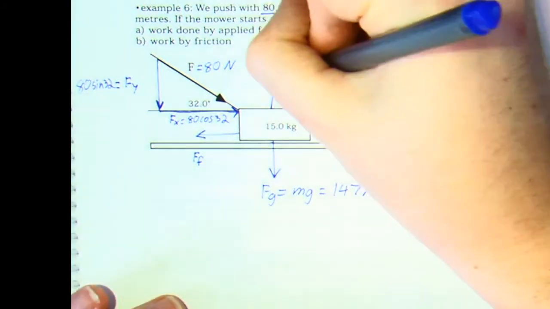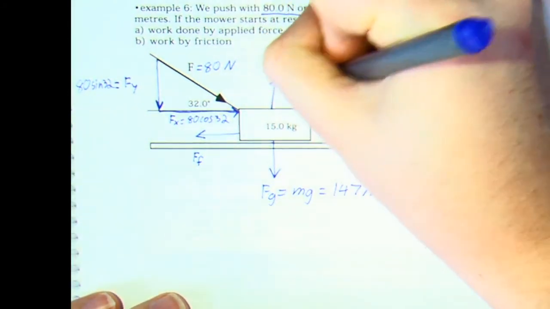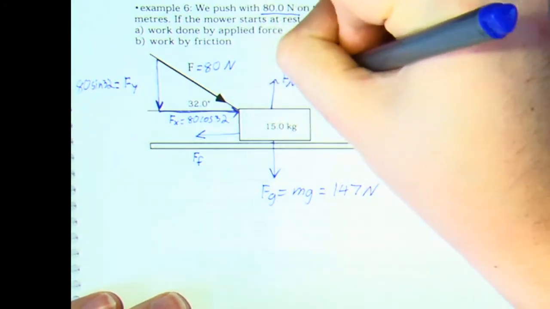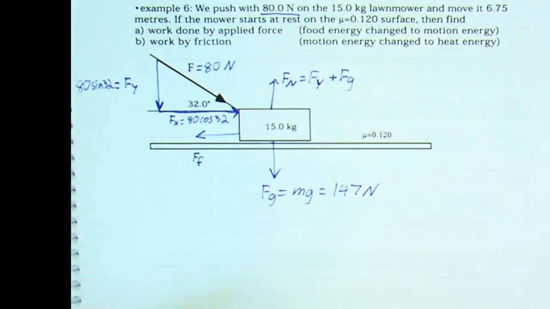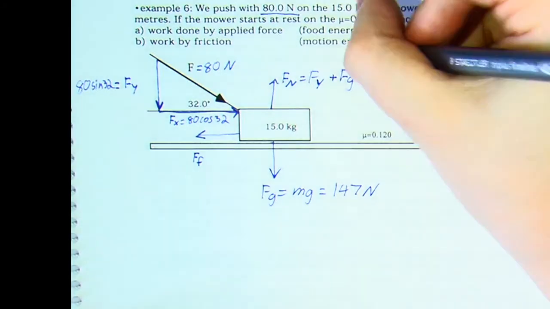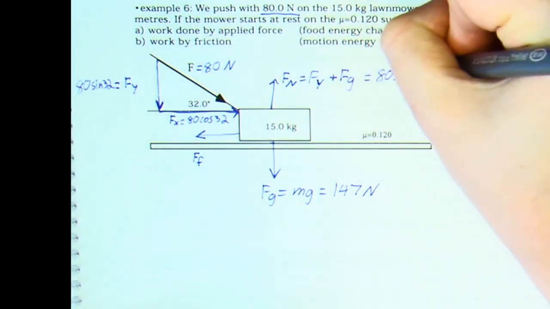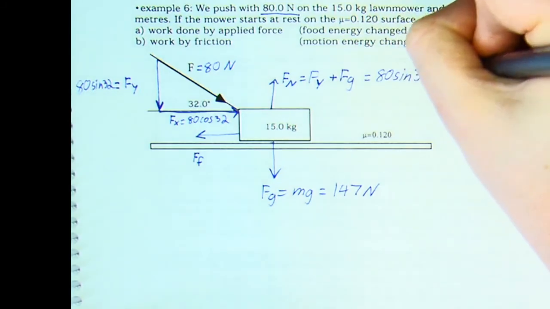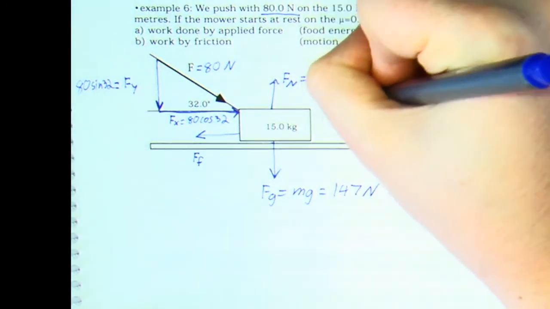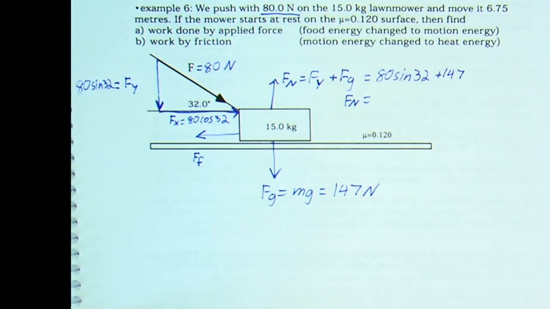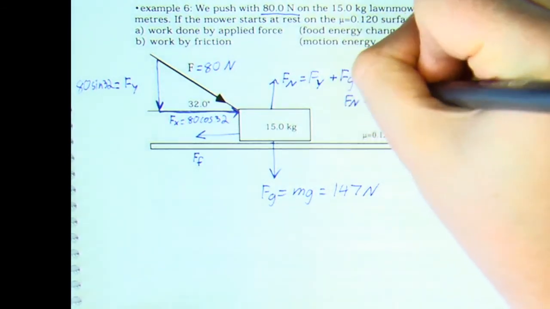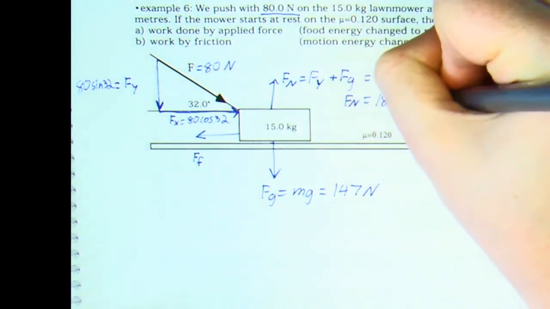So Fn is going to equal my y component acting down plus my gravity component acting down. So Fn is going to be 80 sine 32 plus 147, which gives me a normal force of 189.4 newtons.